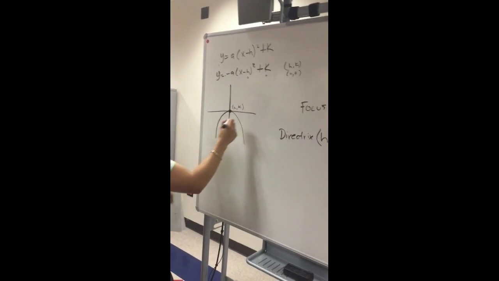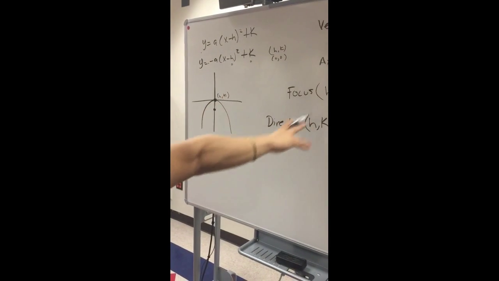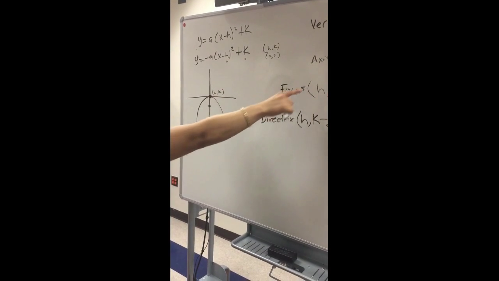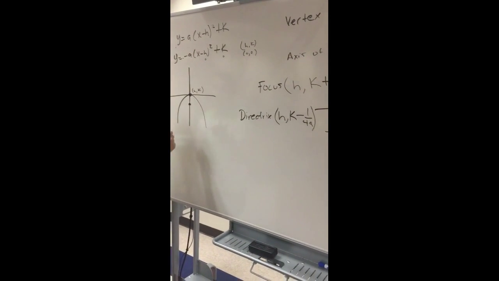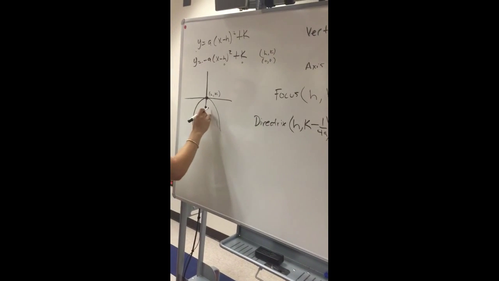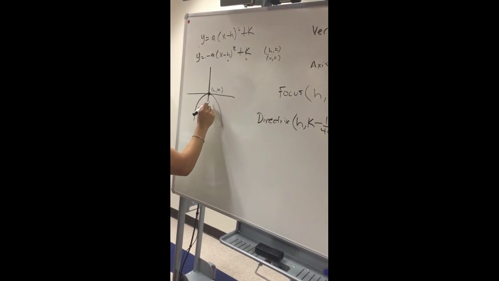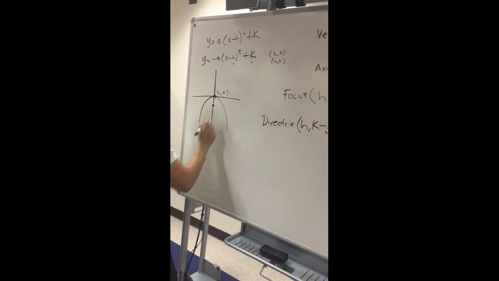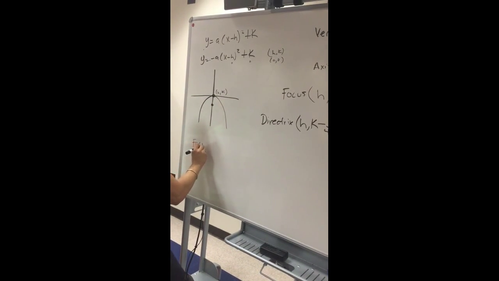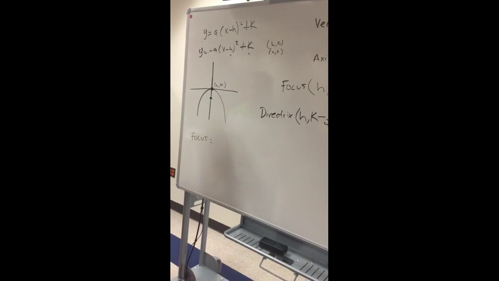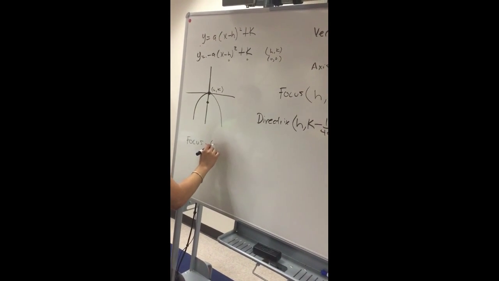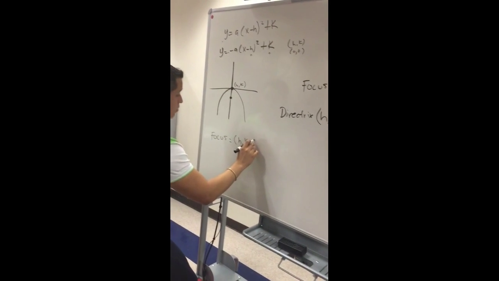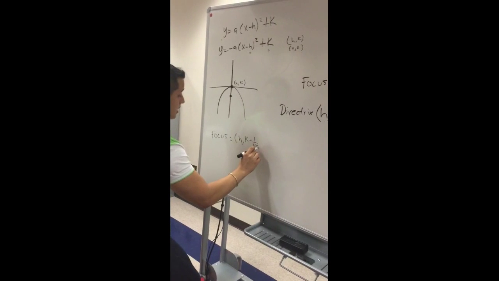And as I mentioned previously, to find the focus, we're going to add or subtract 1 over 4a. And in here, we are going to subtract 1 over 4a. Okay, the focus is going to be equal to h, k minus 1 over 4a.